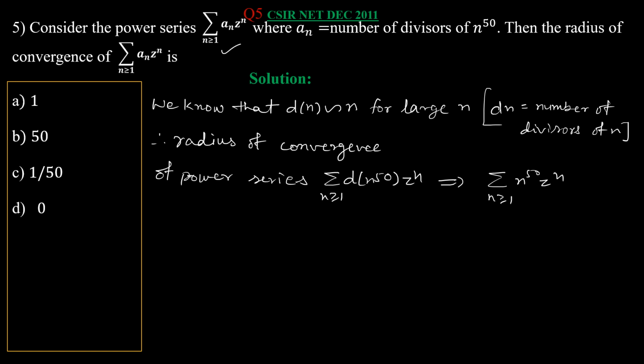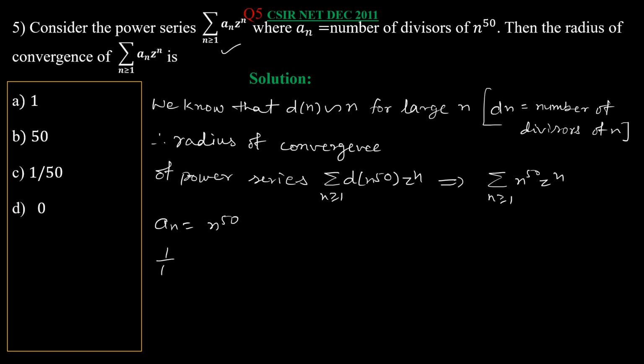By this logic, a_n will be n to the power 50. This is the first part that we require, to get a_n.